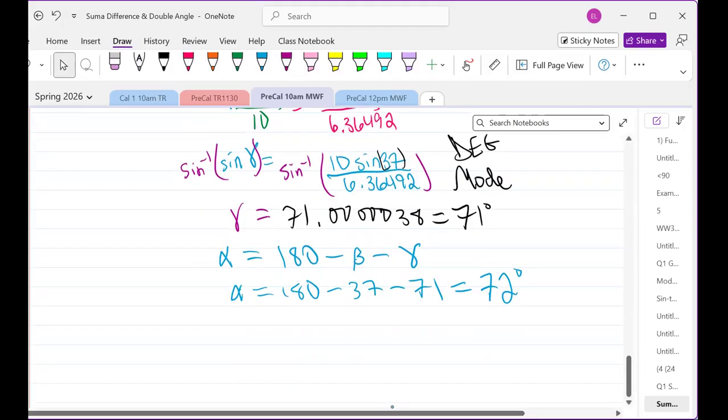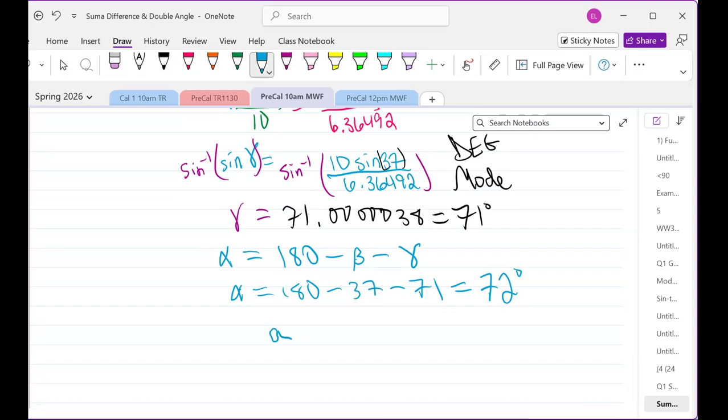Now that I know alpha, I can solve for side A. So I'm going to start with A over the sine of alpha equals, and you can use the B's or the C's. I habitually go back to the B's because that's what they gave me to start with. So B over sine beta.